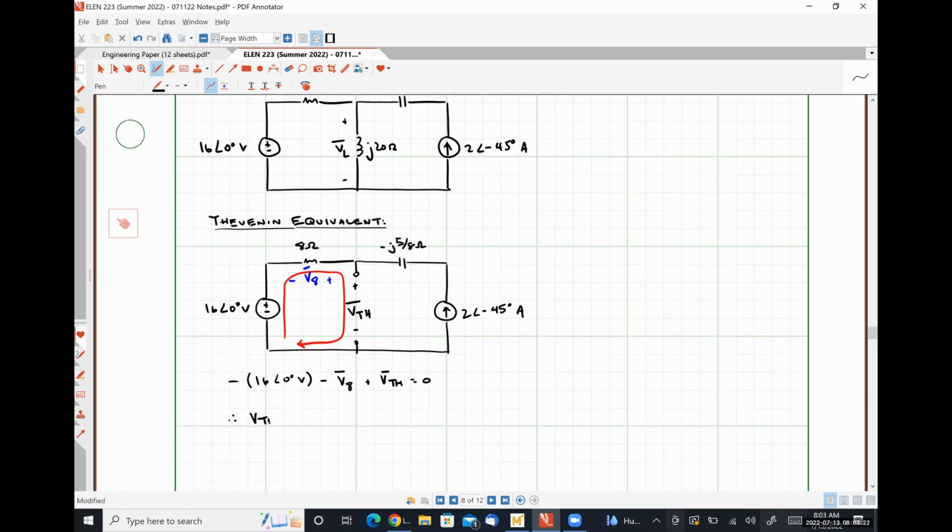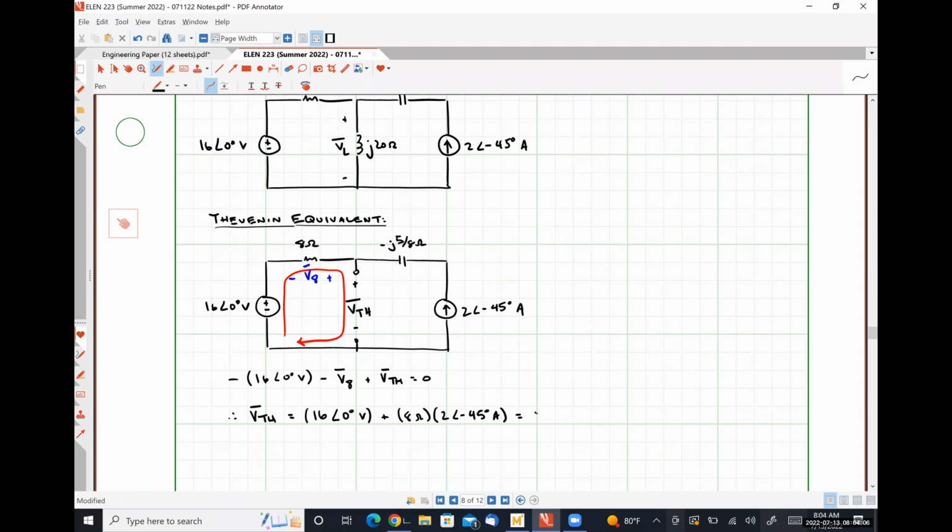From this, VTH is equal to 16 angle 0 degrees volts plus V8, where V8 is 8 ohms times 2 angle negative 45 degrees amps. And if I throw this into my calculator, the wrong parentheses, there we go.